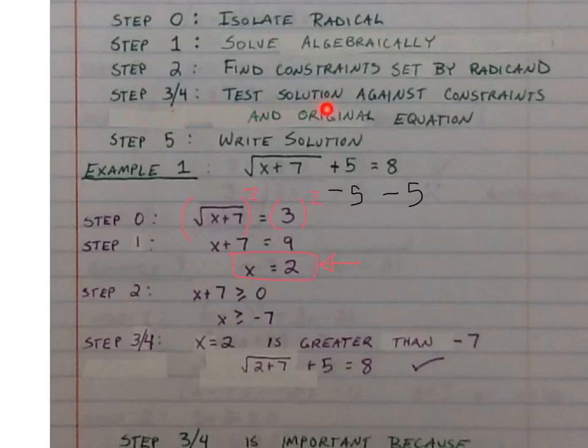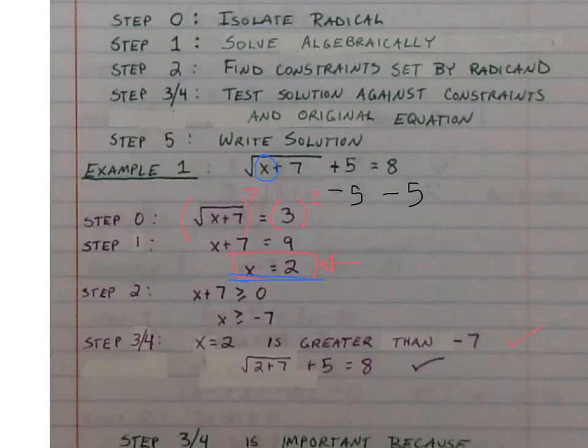In step 3, we test the solution against constraints and the original equation. Our solution is greater than negative 7, so it checks out against our constraints, and then we plug the solution into our original equation.